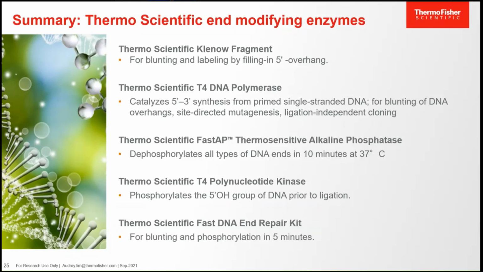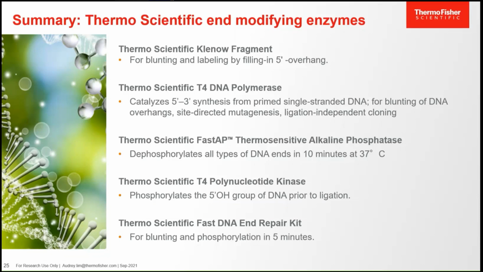To prevent vector recircularization, we have the Thermo Scientific FastAP thermosensitive alkaline phosphatase, which dephosphorylates all types of DNA ends in just 10 minutes at 30 degrees Celsius. And then for ligation to happen, at least one of the DNA ends will need a 5' phosphate group. So Thermo Scientific T4 polynucleotide kinase will help you with this.